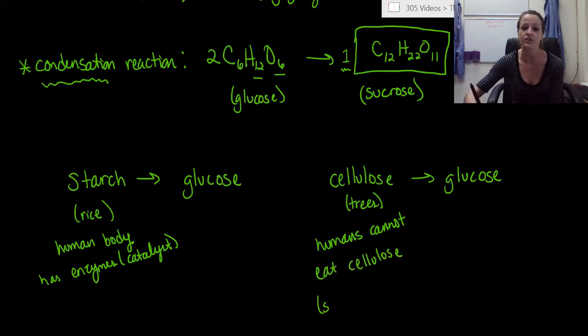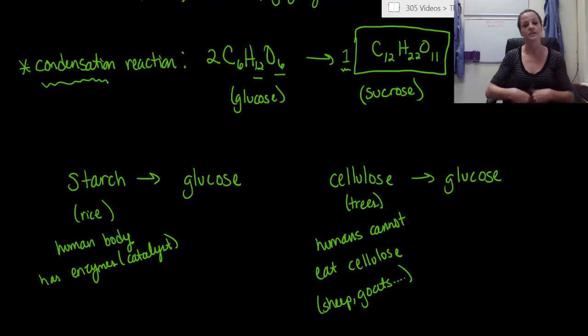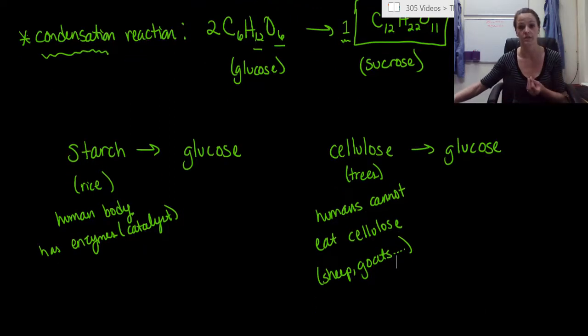However, things like sheep or goats or termites, they all have some kind of bacteria inside of their stomach that allows them to actually break apart cellulose, this polysaccharide, into glucose, your monosaccharide. So it's a very, very important process, but it's something we need to realize now as human beings and scientists here, that our body can eat starches, but we cannot eat cellulose because we cannot break down cellulose.